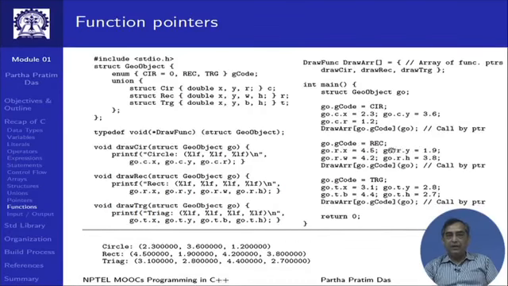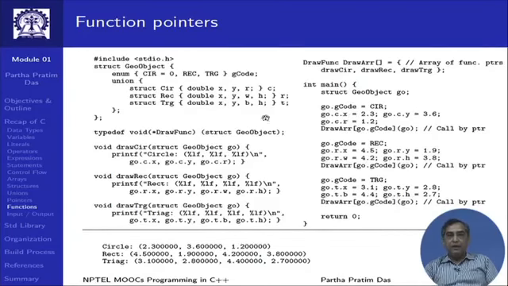But if my G code is REC and I want to call draw, draw rectangle should get called, and so on. So, we want to make the call uniform, so that I do not really need to know what particular object I have at this point of time. What object I have is already a part of the object structure, because I have a G code, and then it should be possible that the corresponding function will get called.